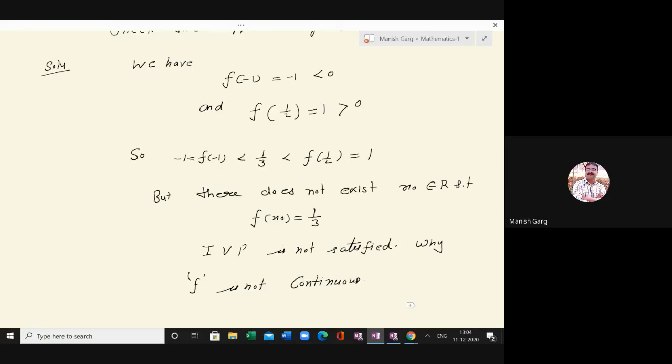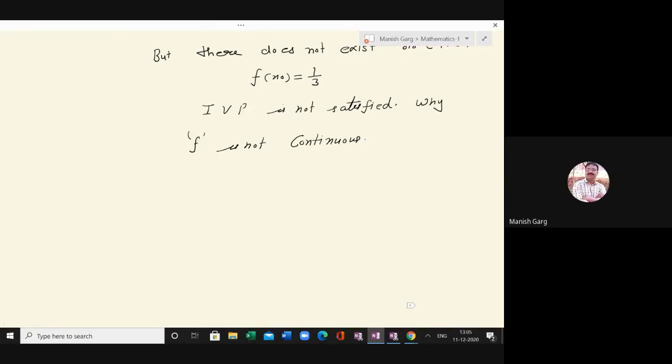This is the example. There are a lot of examples. For IVP, f must be continuous, and then between any two values of the function, there exists a point where the value of the function is whatever value you are taking. So this is why IVP fails here, because f is not continuous. Is it clear in this question?